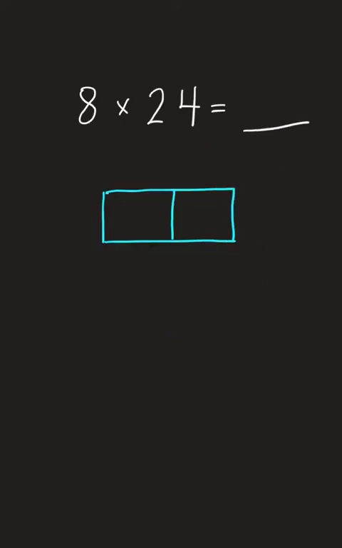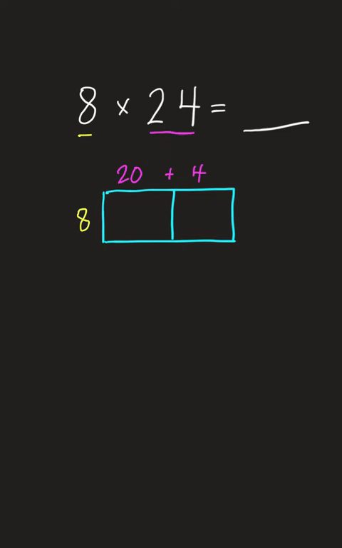Let's try another example. So here I have 8 times 24. 24 is my 2-digit number, so that's the one I'm going to break apart into expanded form. 20 plus 4. Now my single digit is 8, so it's going to go on the side over here.